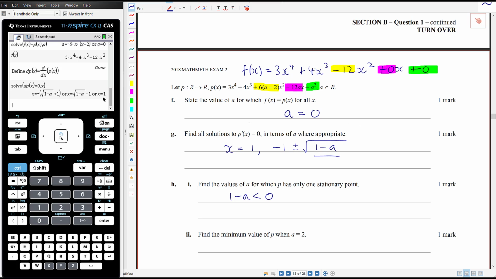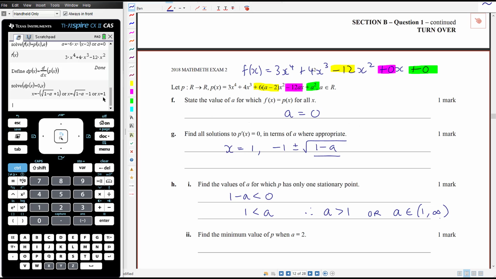If 1 minus a is a negative number, that square root will be undefined, hence those 2 solutions will not exist and we'll only have the 1 solution. And so that happens if we add a to both sides when a is bigger than 1. So therefore, a bigger than 1, or we could obviously write a is an element of 1 to infinity.